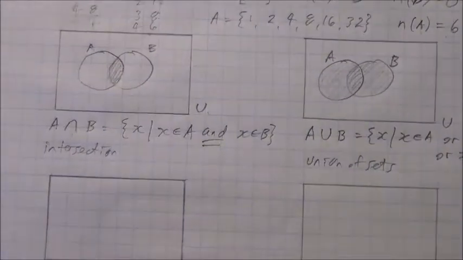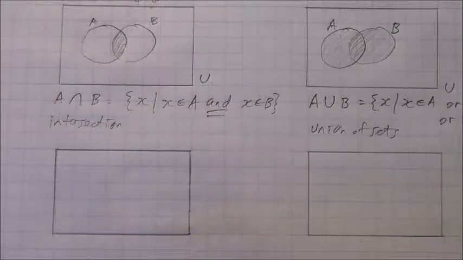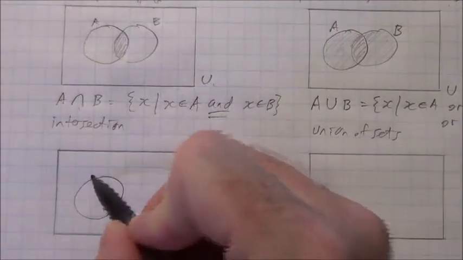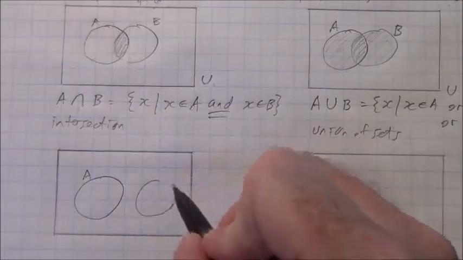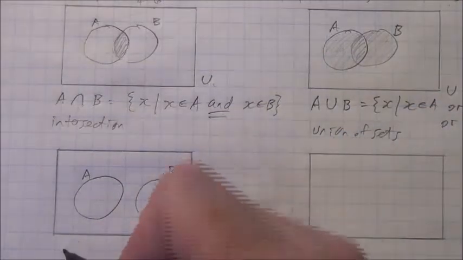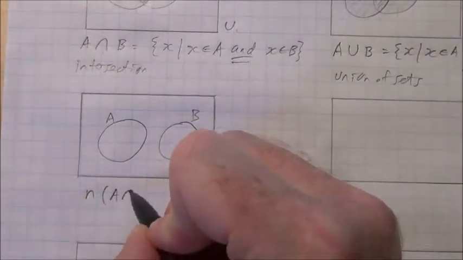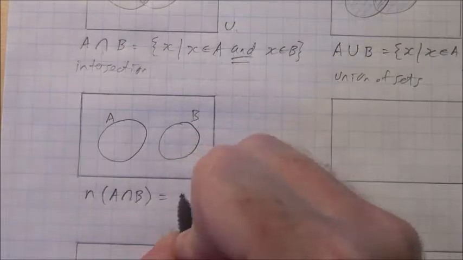There are also things called disjoint sets, and disjoint sets are when the two sets don't overlap at all. There's nothing in common. So the number in the intersection is going to be 0.